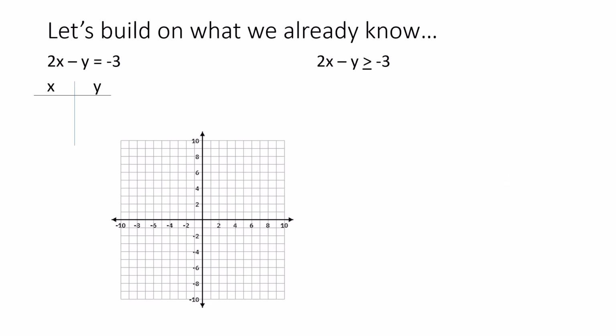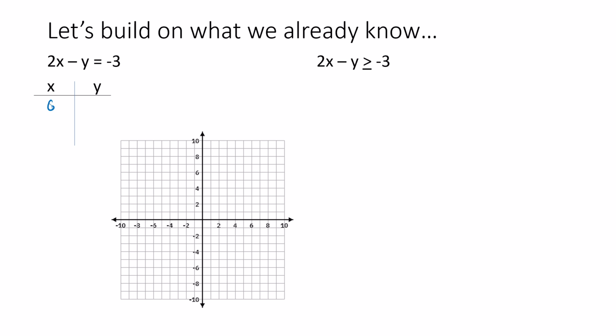So we're going to build on what we already know here, because math is foundational. It builds up from concepts that you already know. On the left, we have the equation 2x minus y equals -3, which you should be able to graph by the time you reach this point in Algebra 1. We're going to take a look at that just by building the table. We won't stay there for the entire lesson, but suppose x is equal to 0.